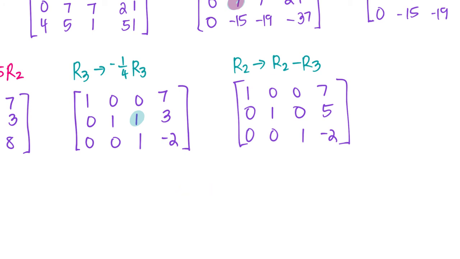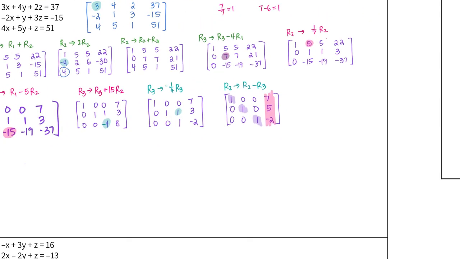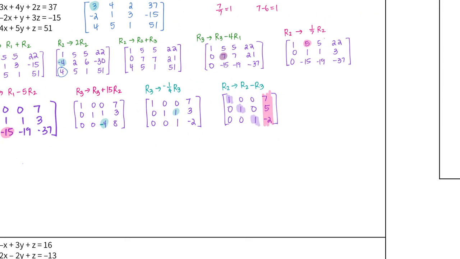Okay, so now take a look at what we have. We are actually finished now because we have 1s in the diagonal. Then in the other spots, there's 0s. So that means that our last column here is our solution to that system. 7, 5, negative 2.